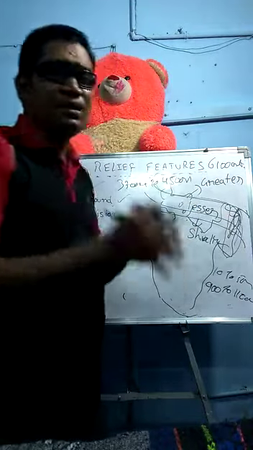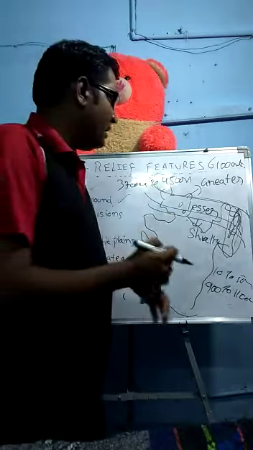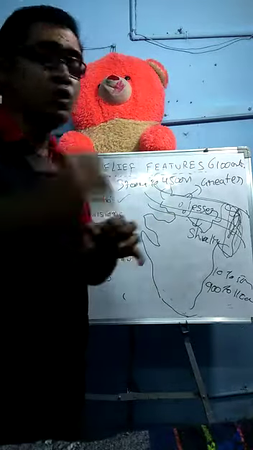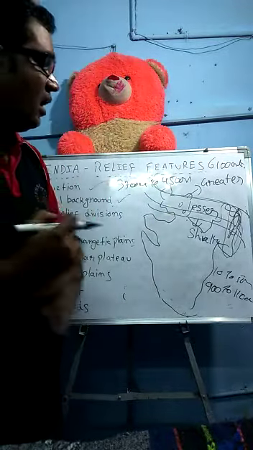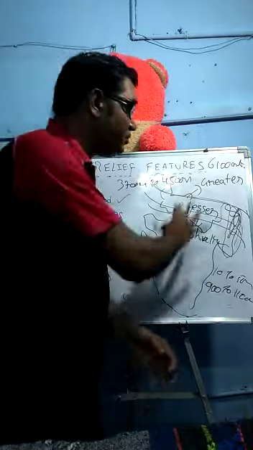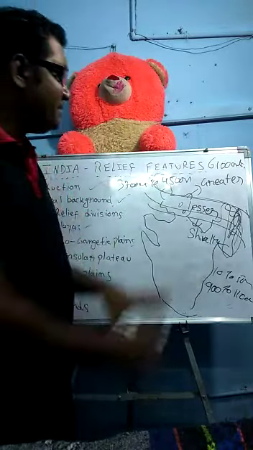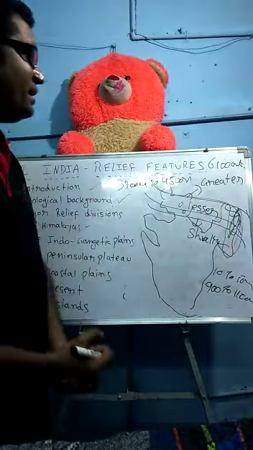The perennial rivers bring silt, which is useful for making the plains. It is always fertile and useful for agricultural purposes also. These are the details of the Himalayas.